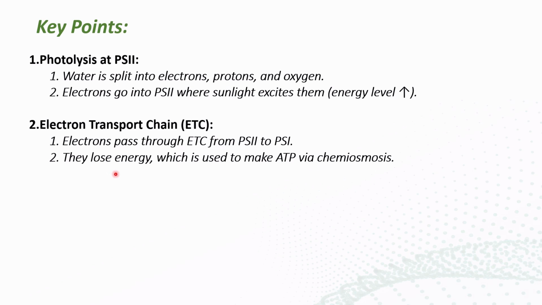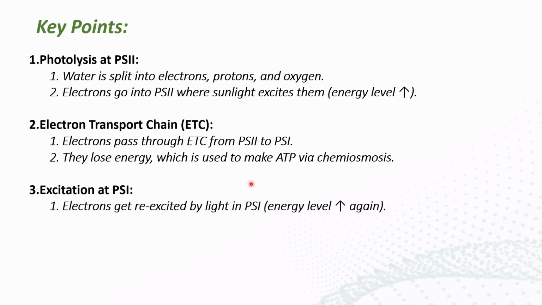When we sit stably we do not lose energy, but when we move from one place to another, we lose energy. In the same way, when electrons move from one carrier to another, from PS2 to PS1, they lose energy. So in the second step, the electrons lose energy.